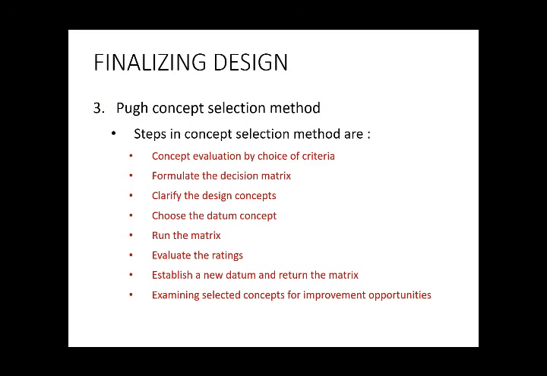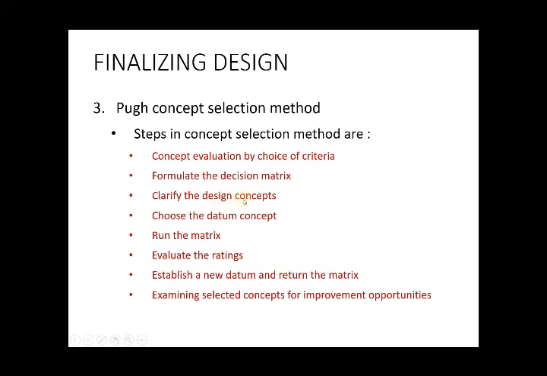The PUG concept selection method follows a sequence of steps. Here we evaluate the different concepts by the criteria and then we formulate a table known as a decision matrix. Then the design concepts are clarified, and from the different design concepts we select one concept as the standard concept.